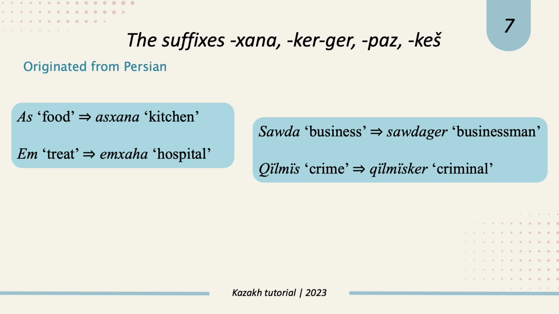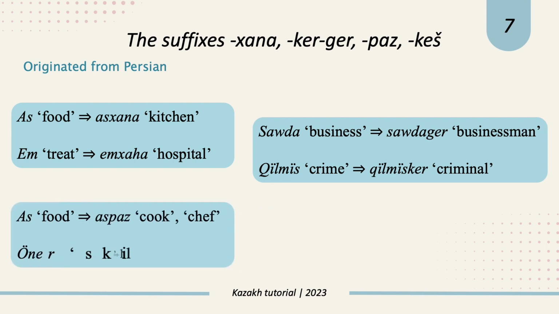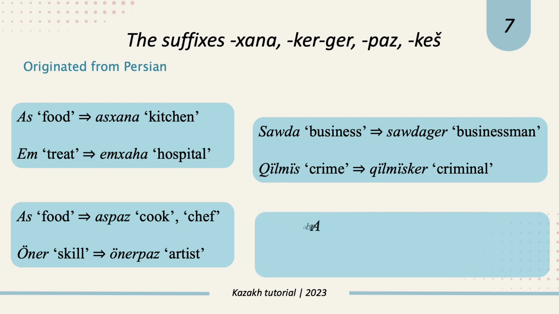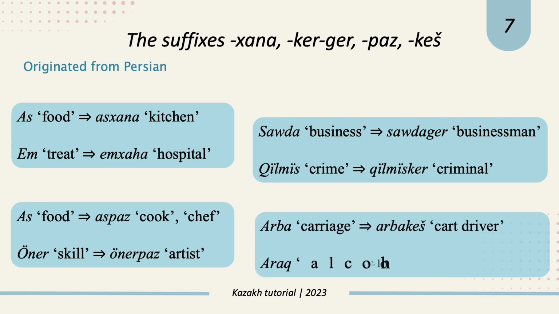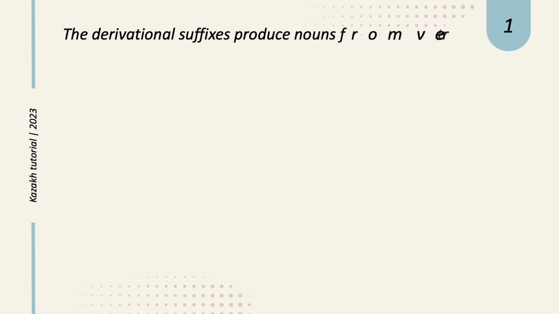Qilmis, crime, qilmiskir, criminal. As, food, aspaz, cook or chef. Önir, skill, önirpaz, artist. Arba, carriage, arbakesh, car driver. Arak, alcohol, arakkesh, drunkard.